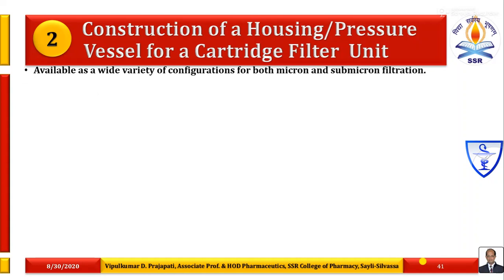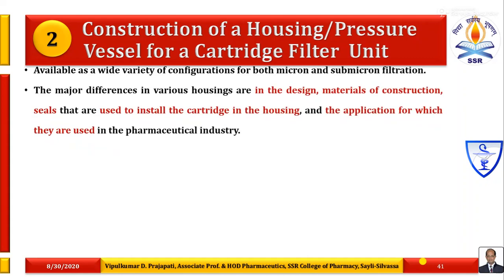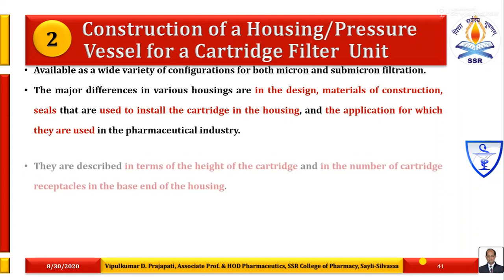They are available in a wide variety of configurations for both micron and submicron filtration. The major differences in various housings are in the design, materials of construction, seals that are used to install the cartridges in the housing, and the application for which they are used in the pharmaceutical industry.